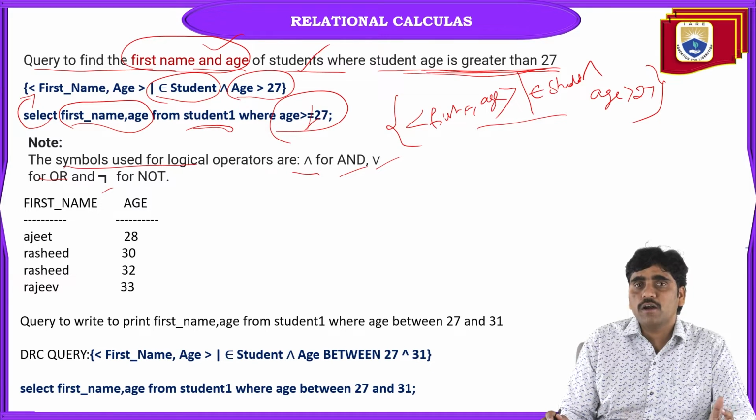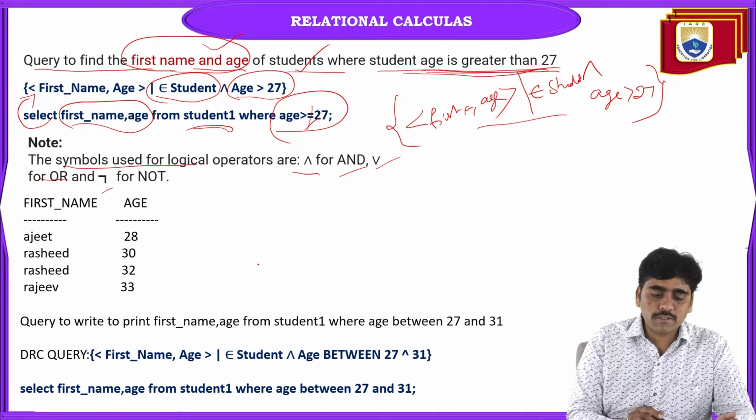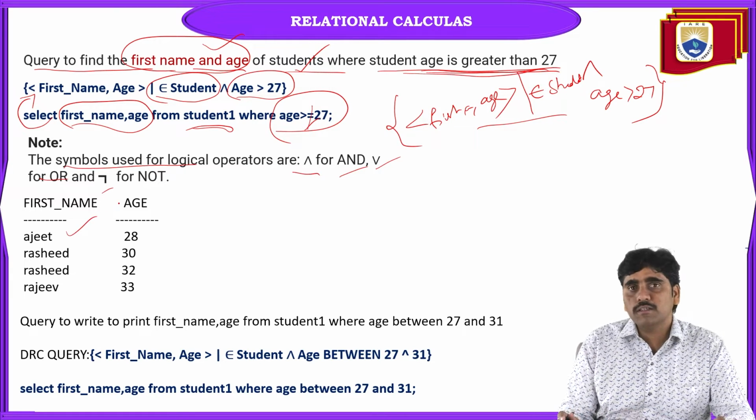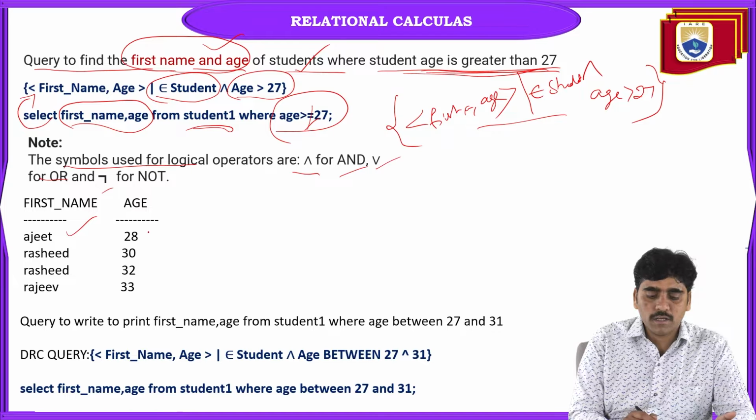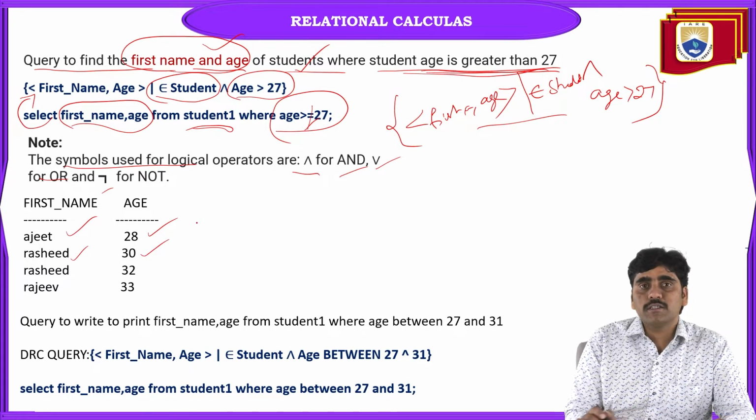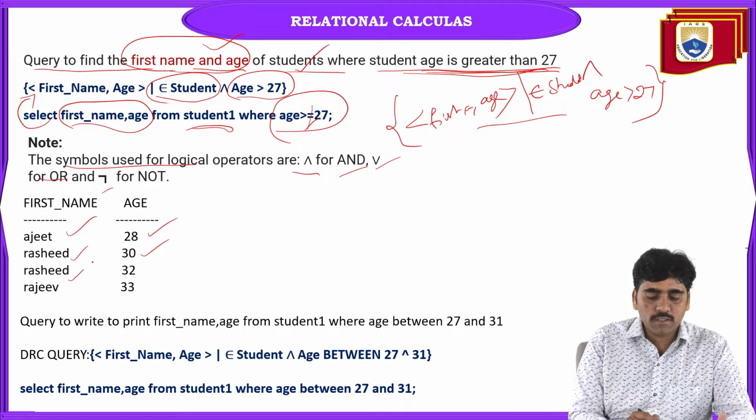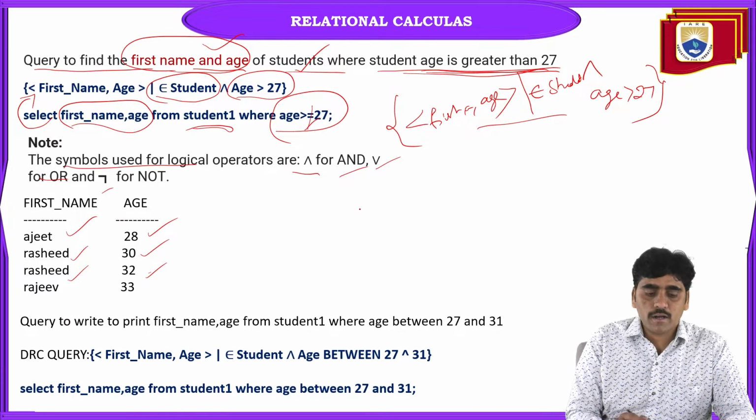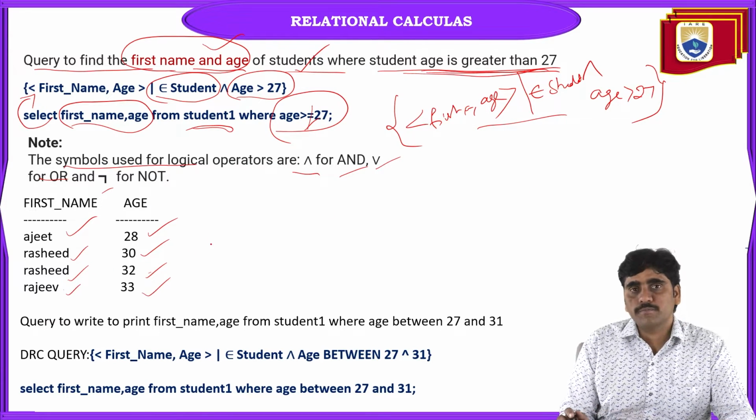The result displayed is: first name Ajit with age 28, Rashid with age 30, Rashid with age 32, and Rajiv with age 33.